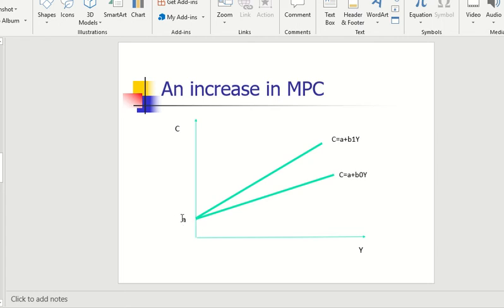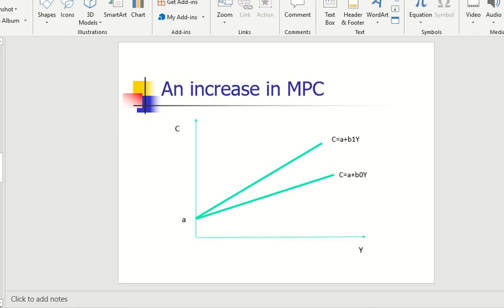The intercept stays the same, the autonomous consumption stays the same. We're not told of any change. So with an increase in marginal propensity to consume, we end up with a steeper consumption function curve. In contrast, if we have a decrease in marginal propensity to consume, we end up with a flatter consumption function.